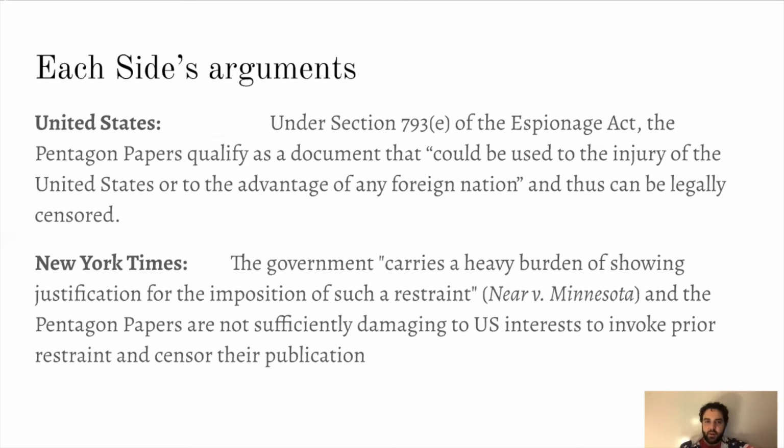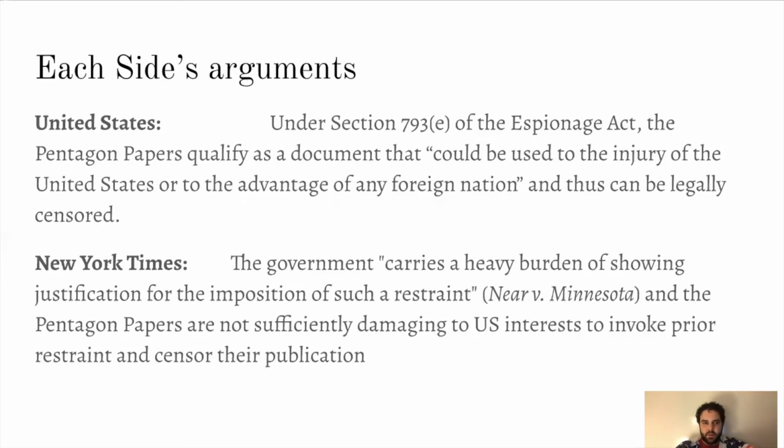Fundamentally, they were arguing that publication of these documents was giving aid and comfort to the enemy, that it was basically treasonous, that it was going to lead to death and injury to American service members, and was harming the ability of the administration to protect the American people.